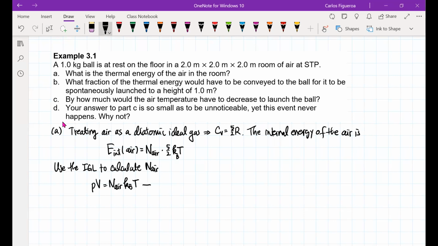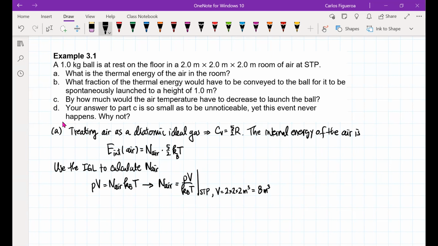If I solve for the number of gas molecules, this will be PV divided by kBT. And this is all happening at standard temperature and pressure. So let's do this here. The volume is 2 by 2 by 2 meters cubed, which is of course 8 meters cubed.